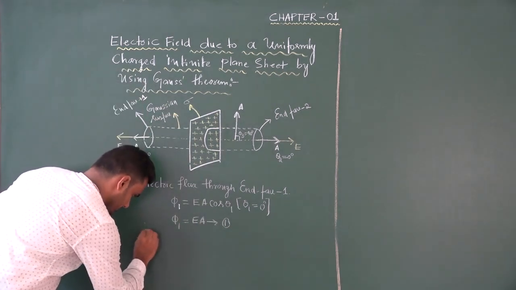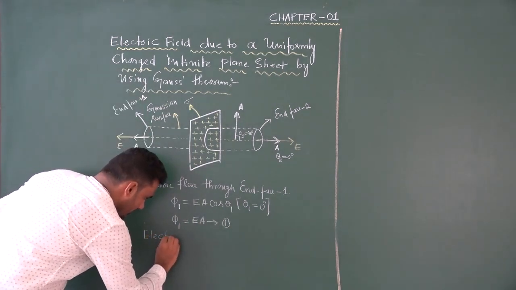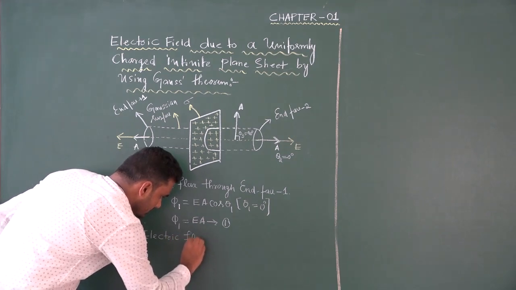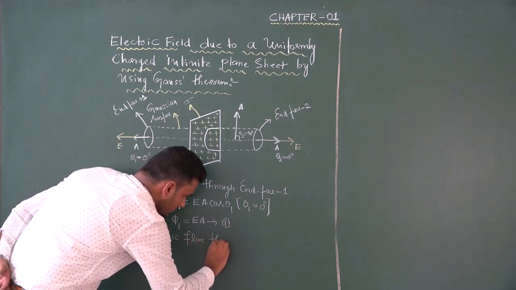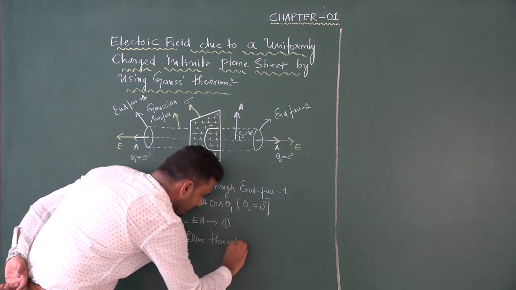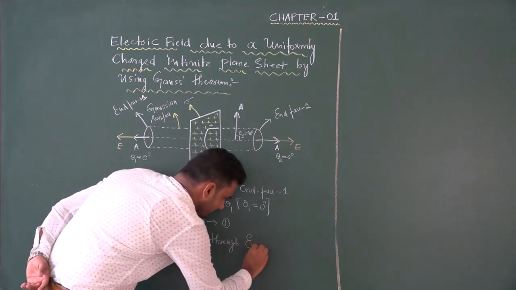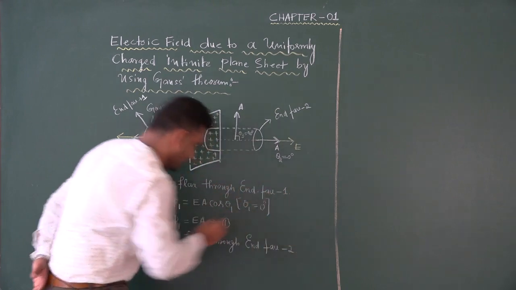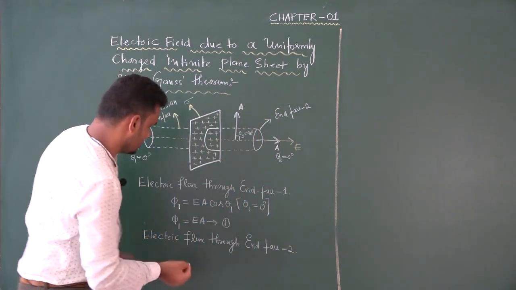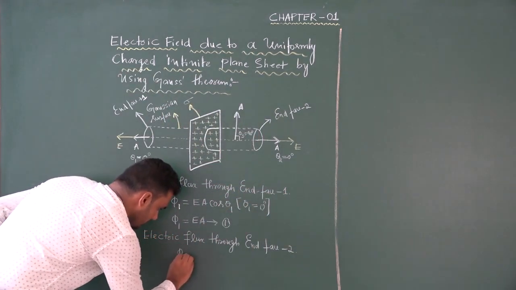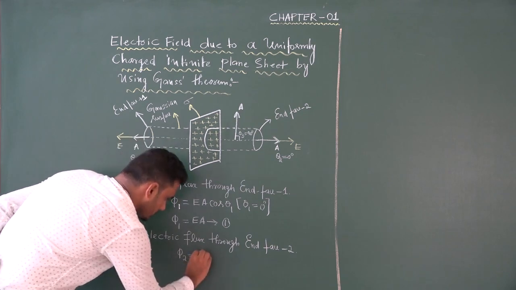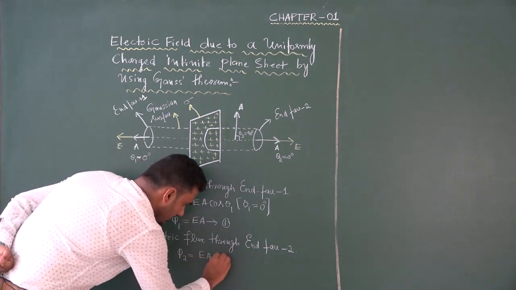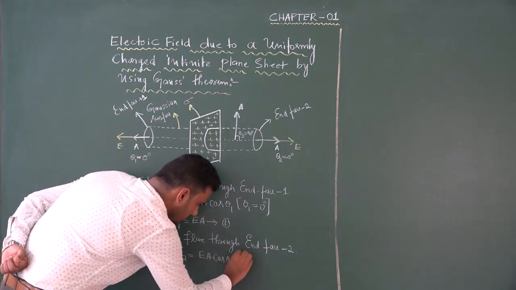Similarly, electric flux through end face 2. For this we can give a name as phi 2 is equal to EA cos theta 2.